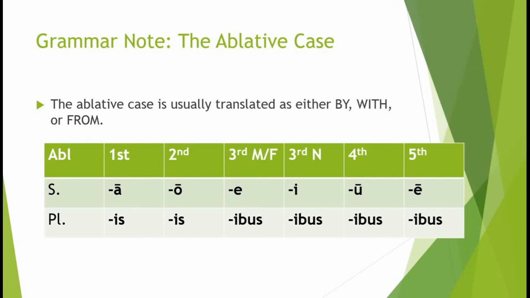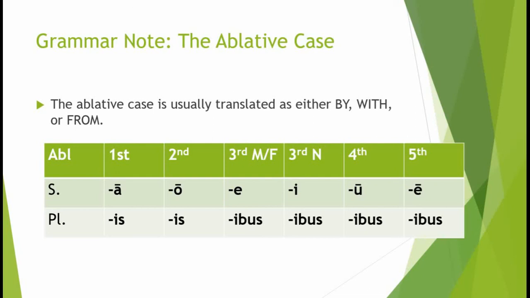Okay? I have here listed every single ablative noun ending. As you can see, for first declension singular, it's got that long a there. So, puella, for example. For second declension singular, o.